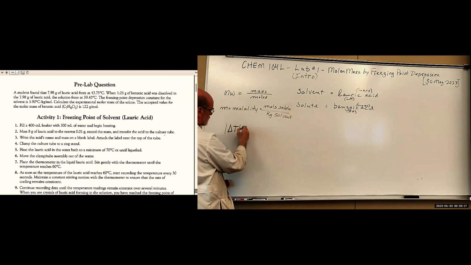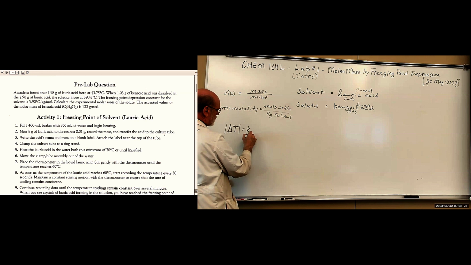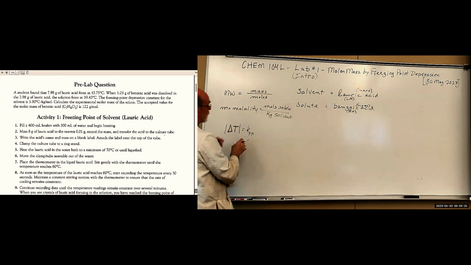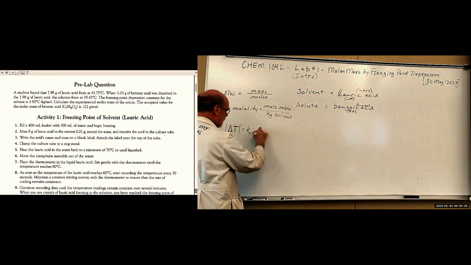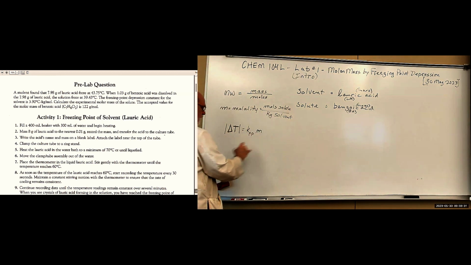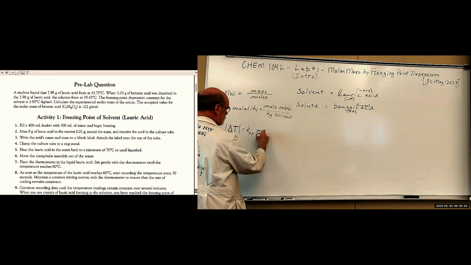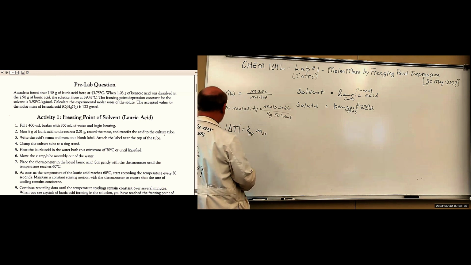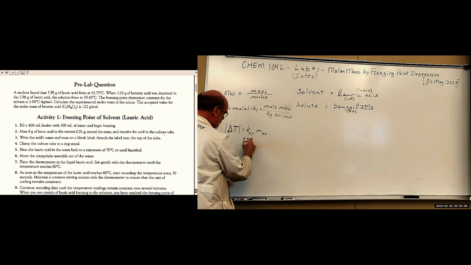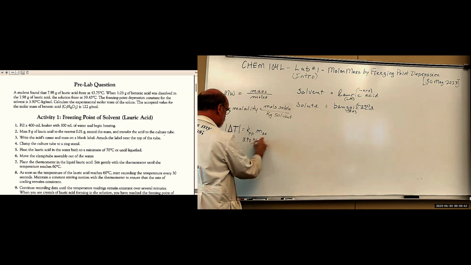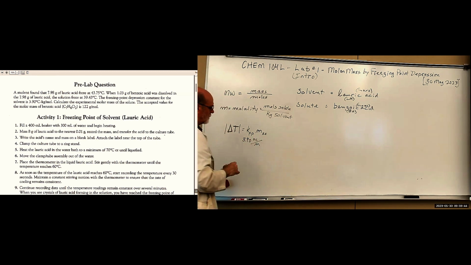Absolute value of the change in temperature is equal to the K, freezing point depression for the solvent, times the molality of the solute, benzoic acid. Okay, and this one is 3.9 degrees C per molal.